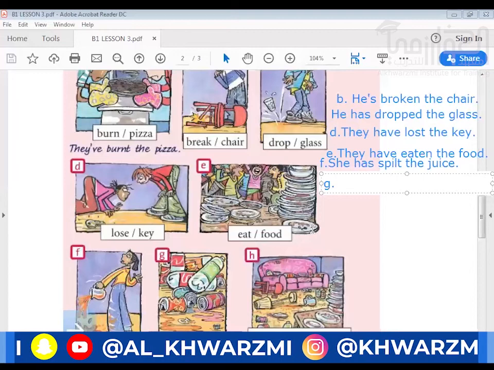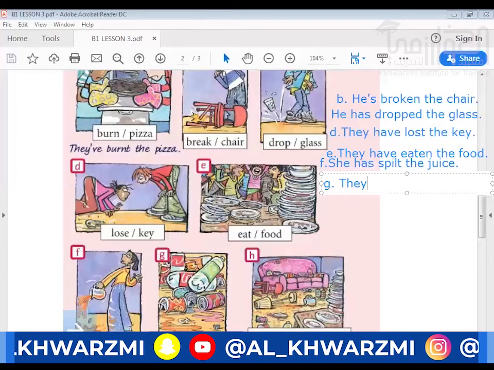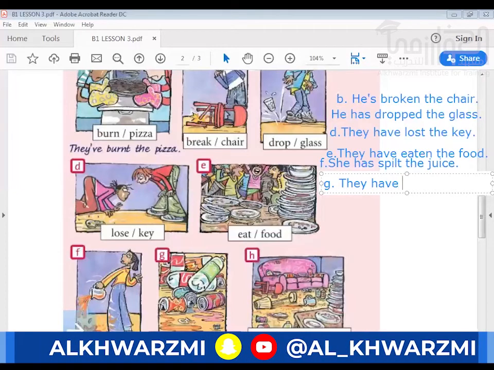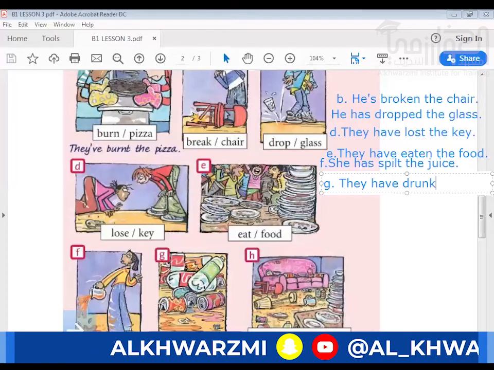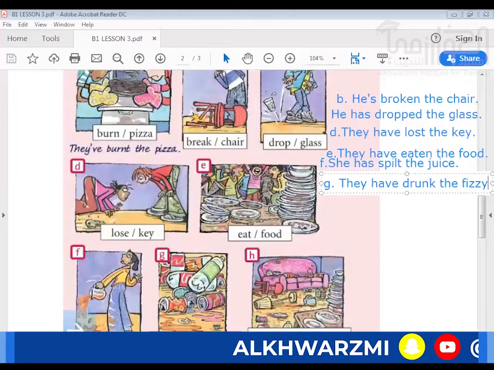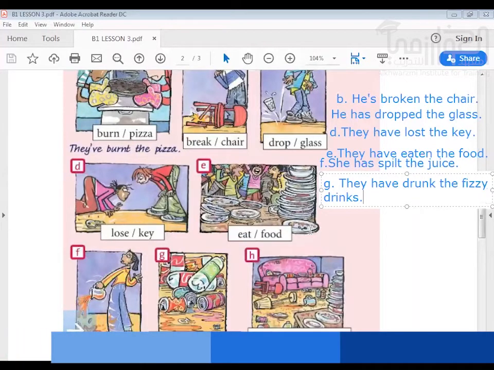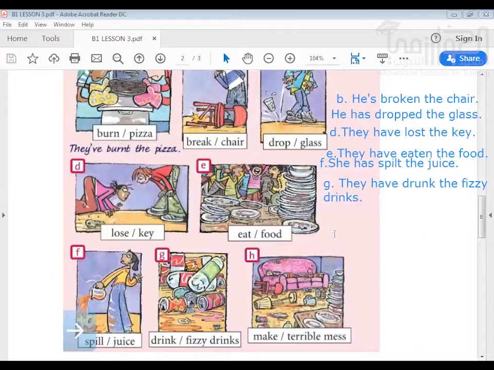And we have, they have drunk the fizzy drinks. So we add drinks to it, okay? The fizzy drinks. So that is G.